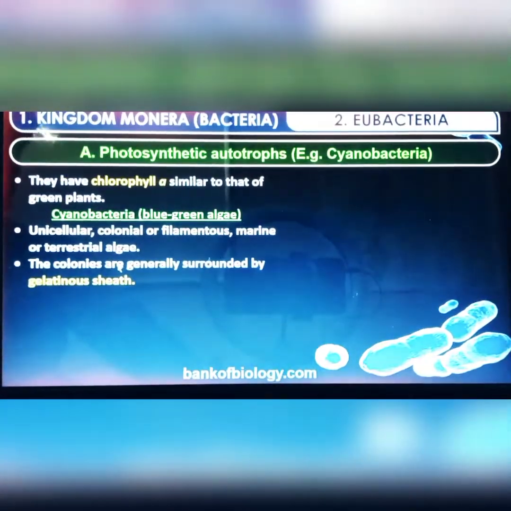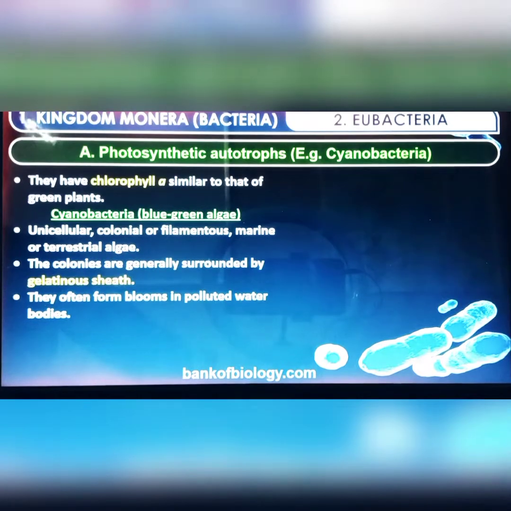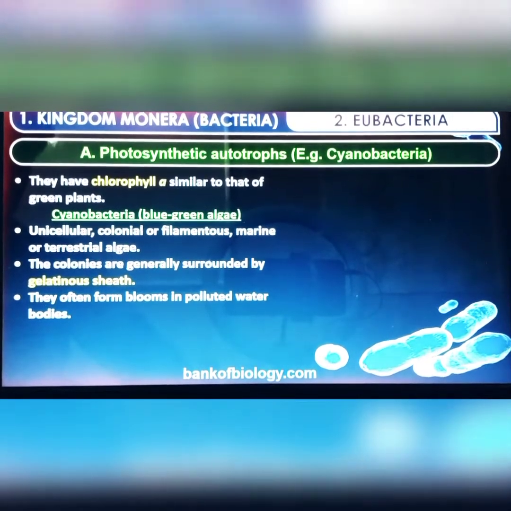The colonies are generally surrounded by gelatinous sheets because their body surfaces have a mucus layer. It's a very slippery type of gelatinous sheet that is present on their body surface. They often form blooms in polluted water bodies. They are big problems in the water bodies.